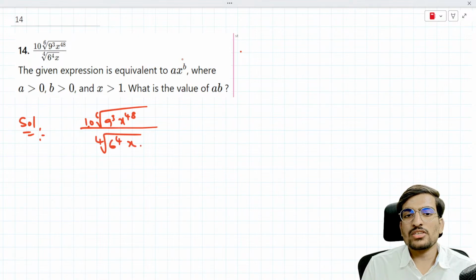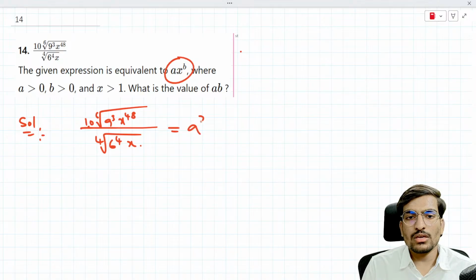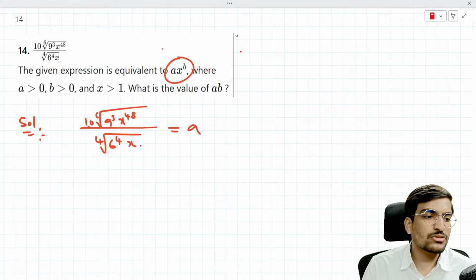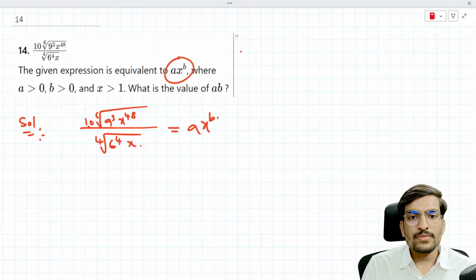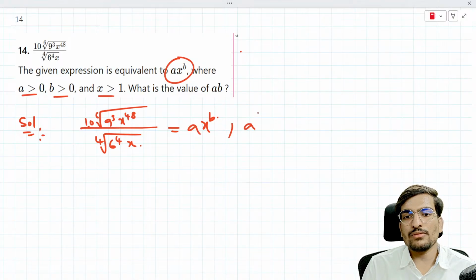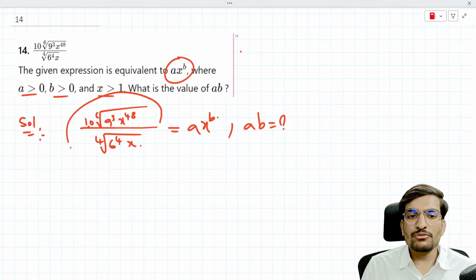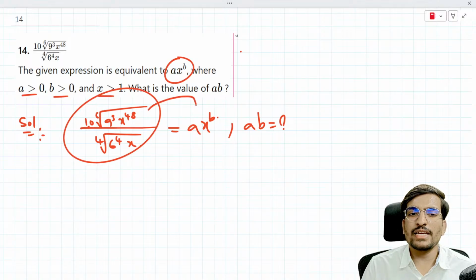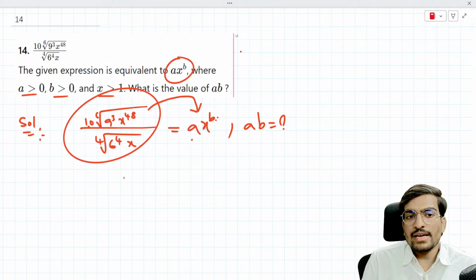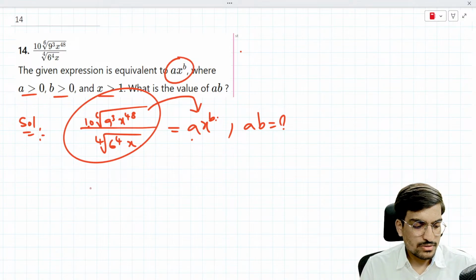The given expression is equivalent to a x raised to the power of b, where a greater than 0, b greater than 0 and x greater than 1. What is the value of ab? Finally we have to find the ab value. So we have to solve this and try to get something like this, so that we'll get the value of ab. Let's try.